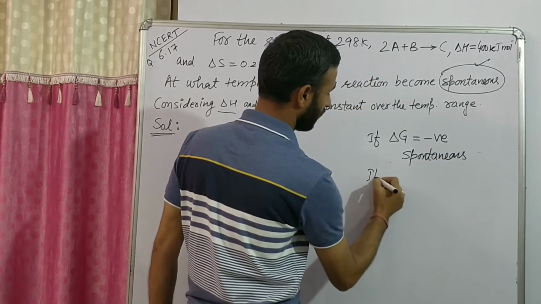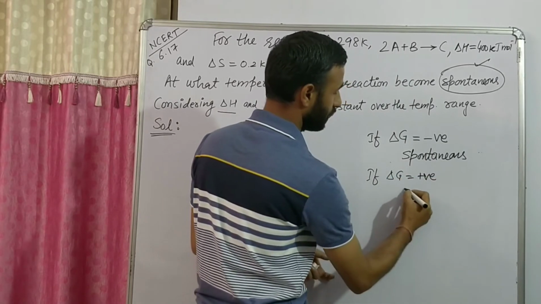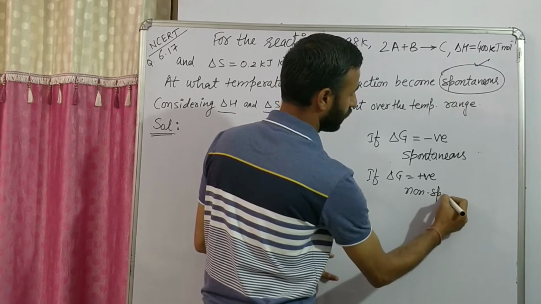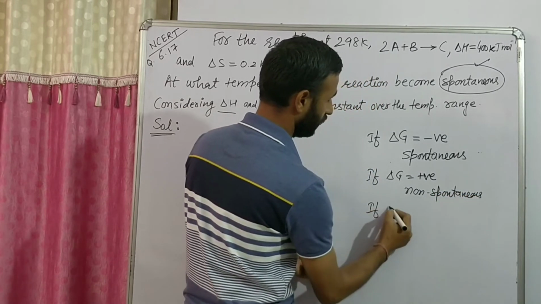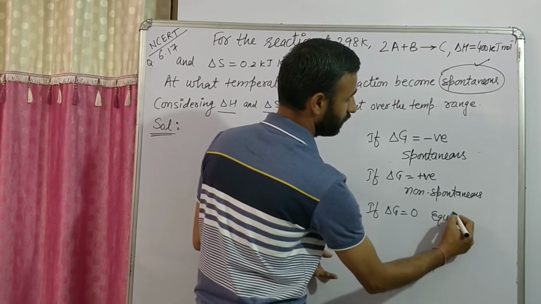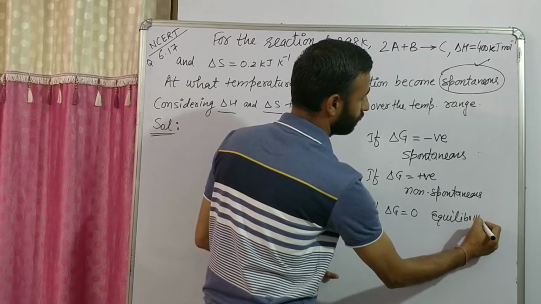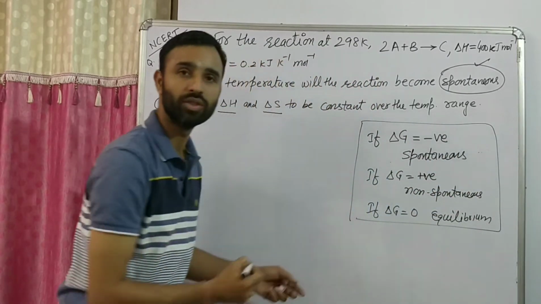If delta G is positive, reaction is non-spontaneous. And if delta G is equal to 0, reaction is at equilibrium. So this is the condition for delta G.